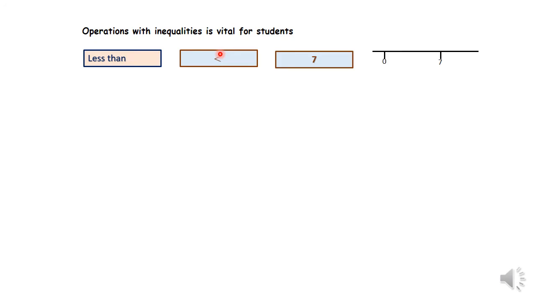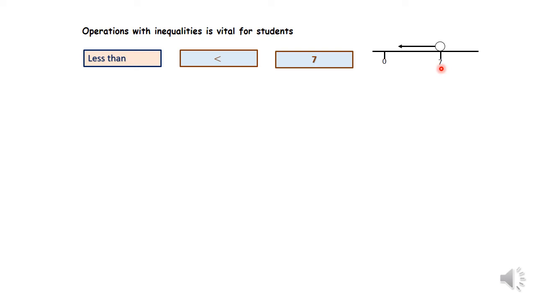We're going to see certain expressions which we are supposed to represent with inequality symbols, and this could be the following. The first one is an expression like less than. The expression less than will be represented by this symbol, and if we are talking less than, say 7, it means on the number line we have the points 0 and 7, and we are looking for numbers that are less than 7.